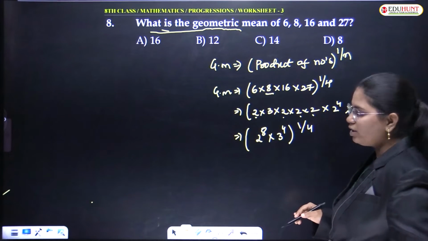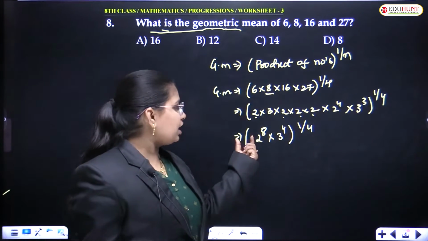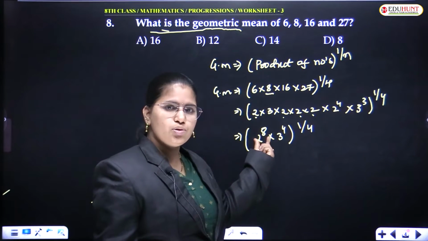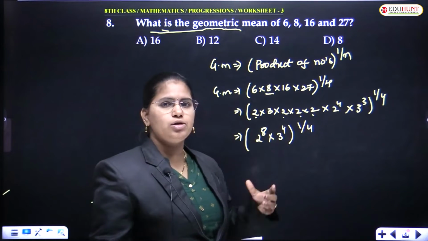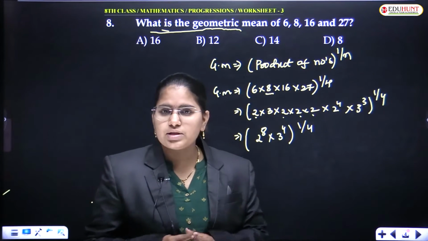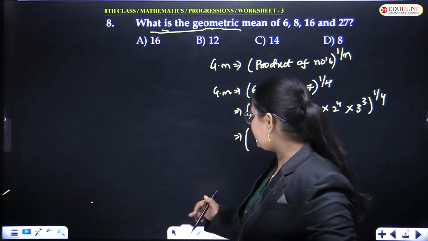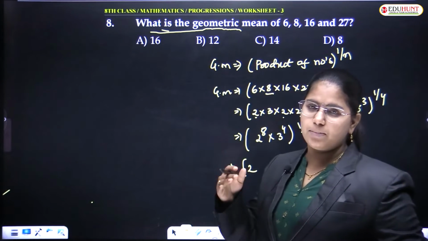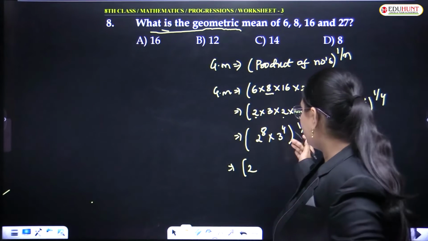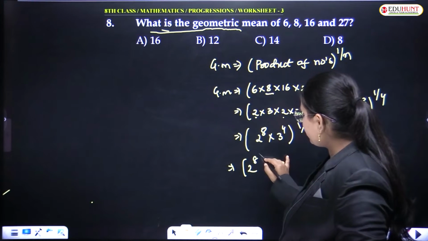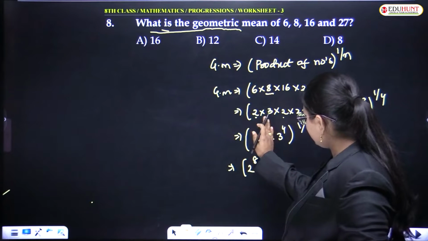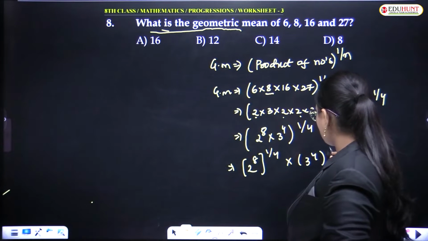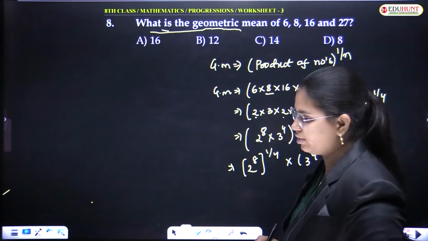So, what is the value of this? We have an exponent. You can use 2 power 8 value, you know it, and 3 power 4 value also you know. But we always prefer our shortcuts. So, I am using the rule that AB whole power m is A power m into B power m.